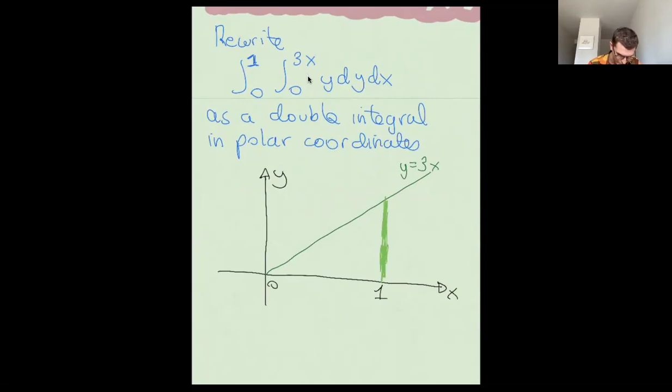Let me do a different color. Essentially, the region we're looking at is this triangle.